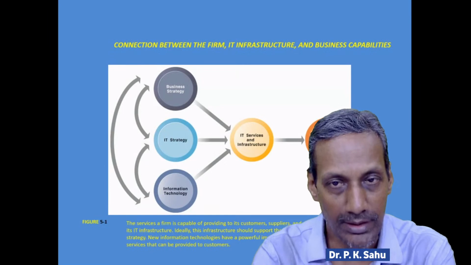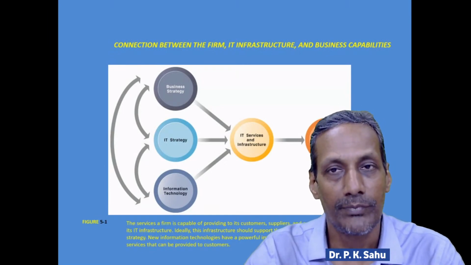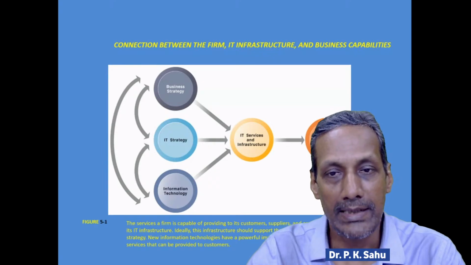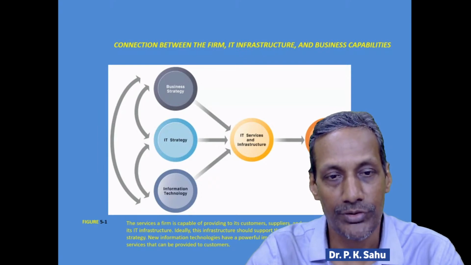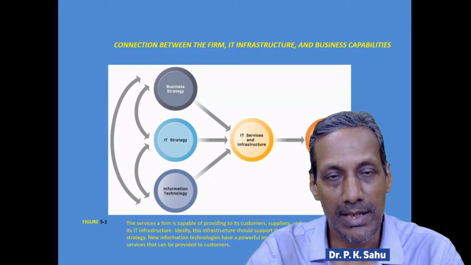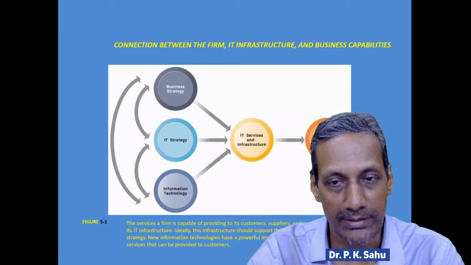This particular diagram shows a connection between the firm, its IT infrastructure, and business capabilities. You see, the IT services and infrastructure get their inputs from the many business strategies that are formulated, the IT strategies that are formulated, and the right information technology in place.